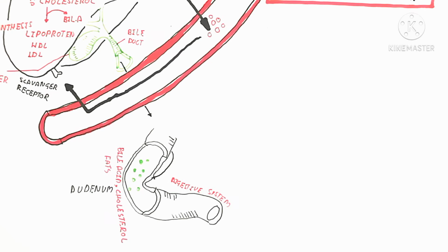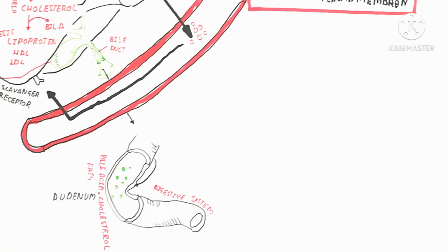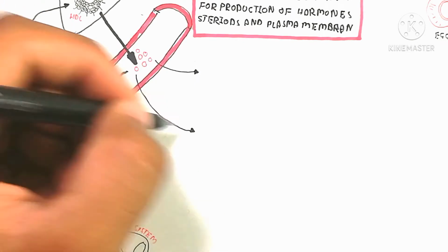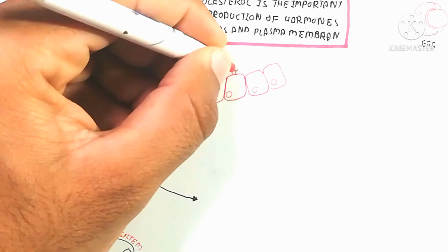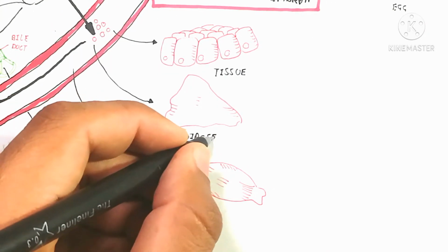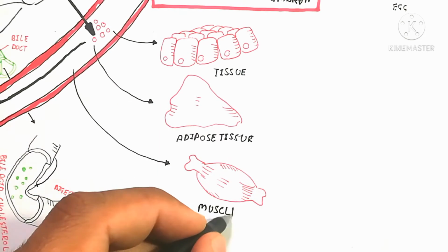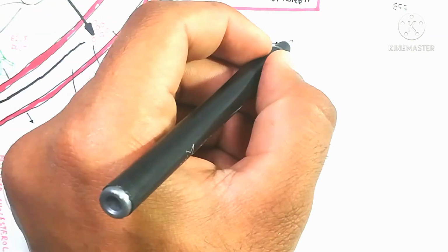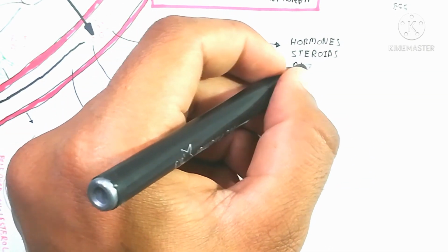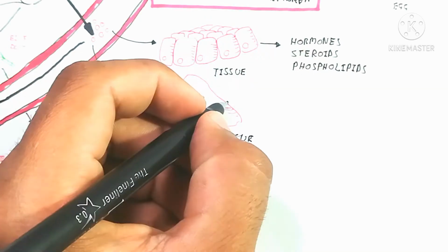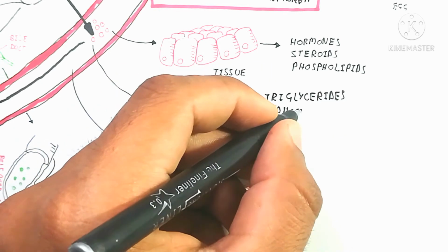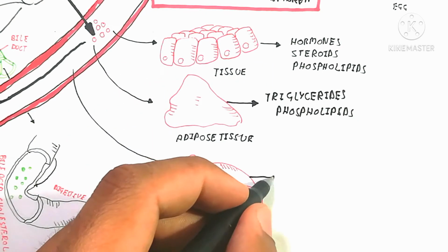Here the liver contains scavenger receptors, which receive back the excess amount of lipids, cholesterol or fats. Different types of tissue absorb cholesterol, fats, lipids, phospholipids and protein, in the form of amino acids. All of this is transported by the high density lipoprotein, which is made from the liver.